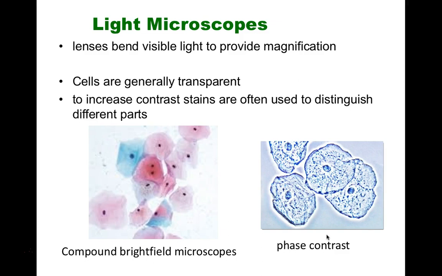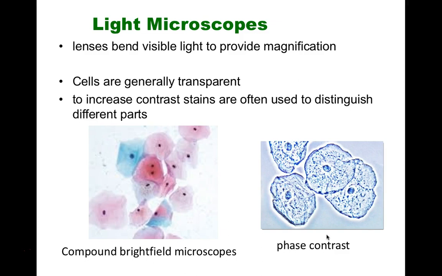And if we look at something that's not stained or has any kind of contrast, it's very difficult to see these materials through the microscope. So as the image on the lower left shows you, oftentimes we're going to use some kind of stain or dye to highlight the features of whatever we're viewing through our bright field microscope so that we can distinguish all the different parts. We can see them with the stain that provides the contrast.